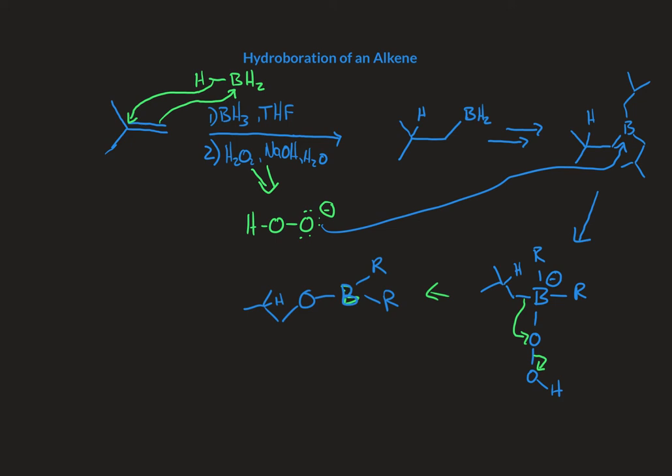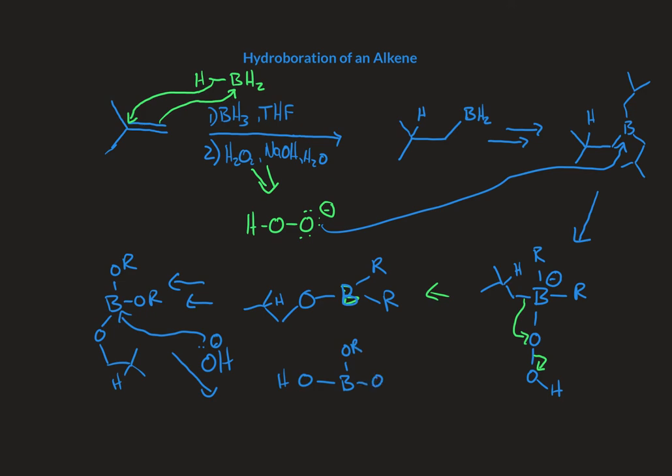And just like before, that's going to happen 2 more times to give this. Next, a hydroxide ion can come in and attack boron to go back to an anionic intermediate, like so.